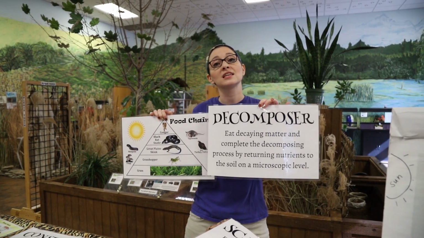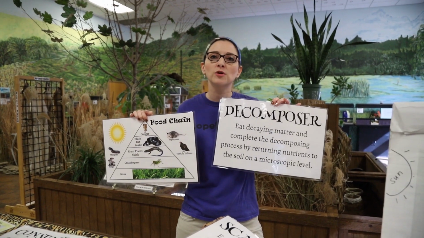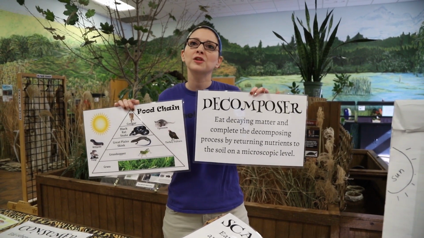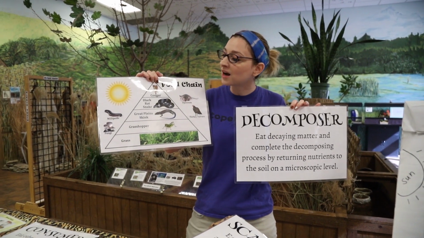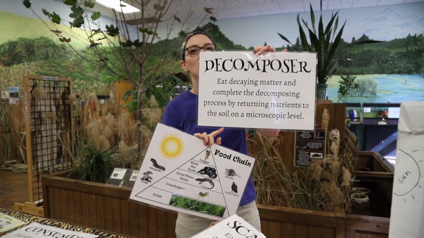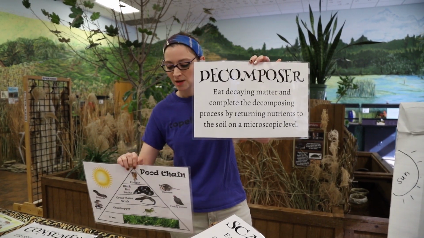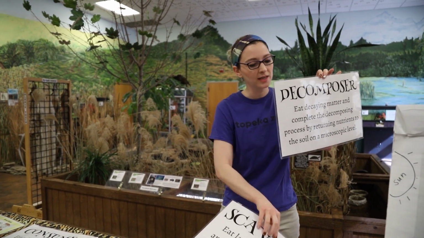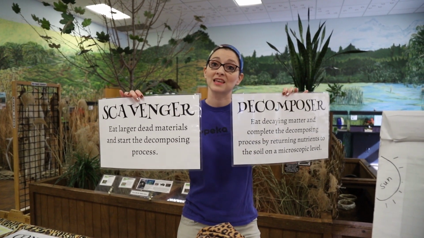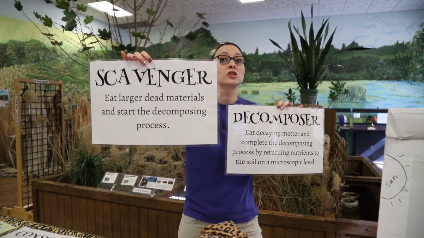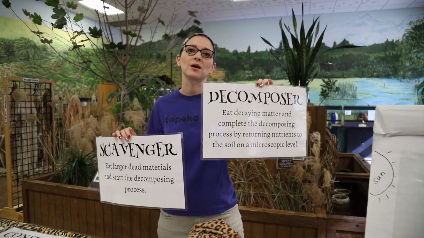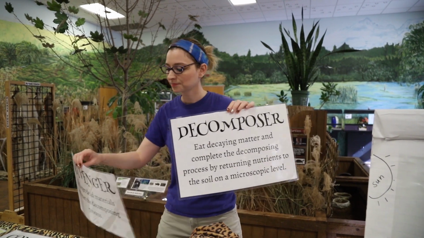So if a deer gets hit by a car, our turkey vulture and our opossum might eat almost all of it, but whatever little bits are left, the bugs and the mushrooms and the other bacteria, they break it down on a microscopic level. So the difference between our scavengers and our decomposers: both eat dead things. One just eats them on a larger scale, the scavengers, whereas the decomposers break them down on a smaller scale.